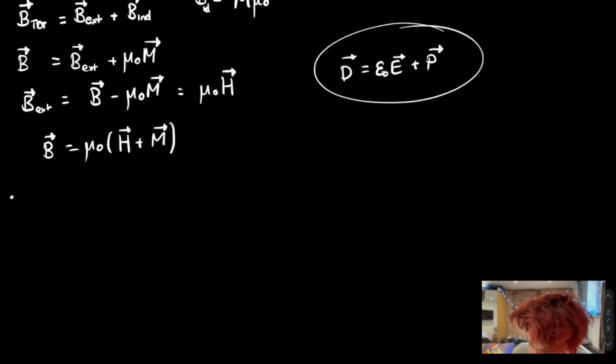Now, if we take the situation in which we don't have a magnetic material, so we just have a vacuum, then the magnetization is simply equal to 0. So what's going to happen in that situation?